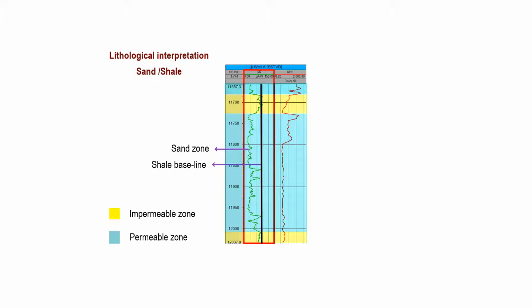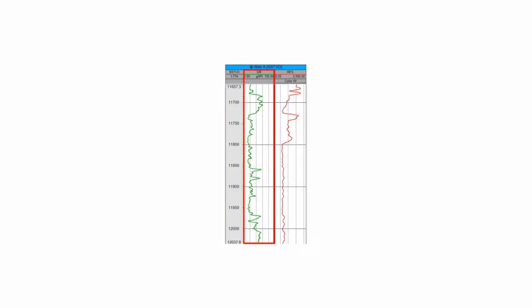So after establishing the sand shale zones, the next step is to scan through the resistivity log curves, which is commonly presented on the second track. This will enable us to see which part of the sand gives high resistivity, because the presence of hydrocarbon in reservoir sands reads high resistivity. So this high resistivity shows the presence of hydrocarbon from this sand top to this depth.